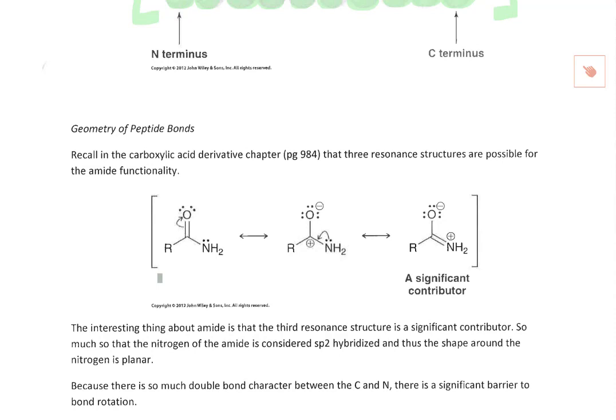So when we talk about structure, you have started to see already in biology classes that proteins have specific structures, right? They have that primary structure, they have the secondary structure, and so on.